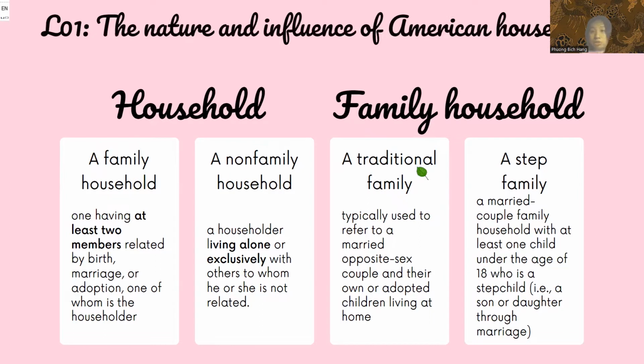This could be their own children or adopted children living in the same house. And a step family is a married couple with at least one child under 18, and this child has to be a stepchild, which means a child of their previous marriage.